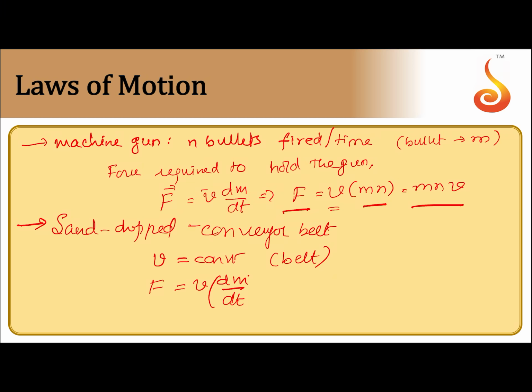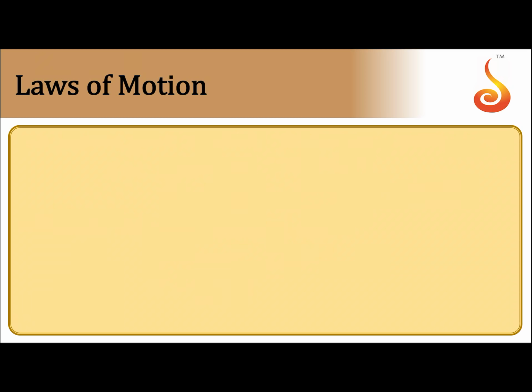What is that dm by dt? That's the rate at which the sand is dropped. What is that v? v is the speed at which it is added. Or one more example. These are all typical concepts which are quite frequently asked in your competitive examination.